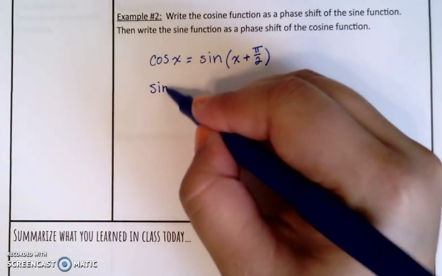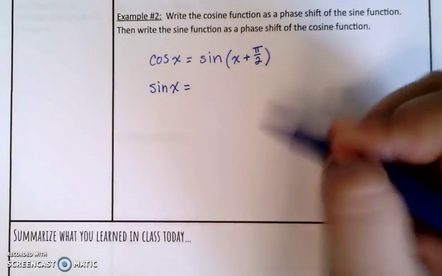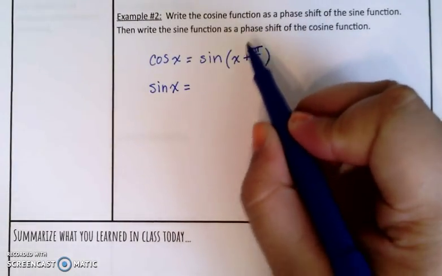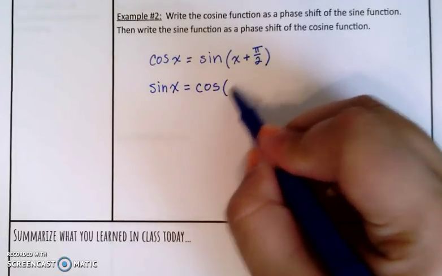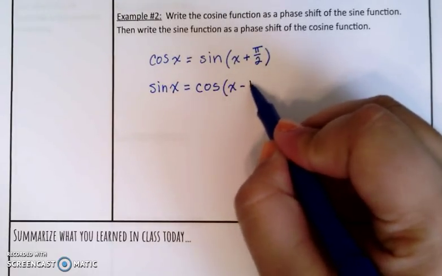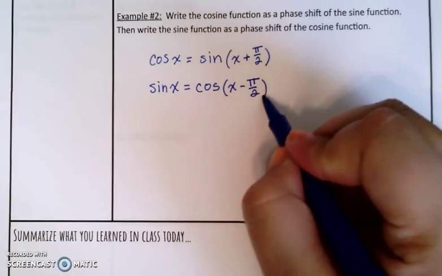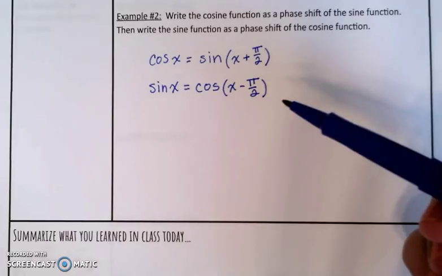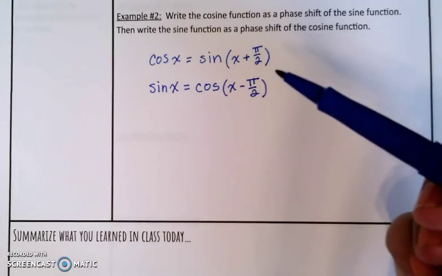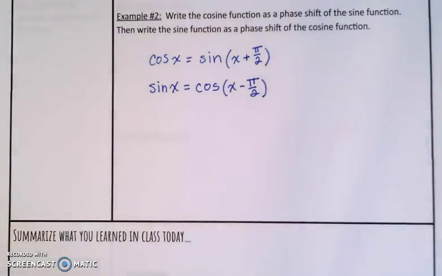For sine of x, it will look very similar, except we will write cosine with a phase shift of negative pi over 2. This tells us that sine and cosine have exactly the same shape, but are shifted by a phase shift of pi over 2 or negative pi over 2.